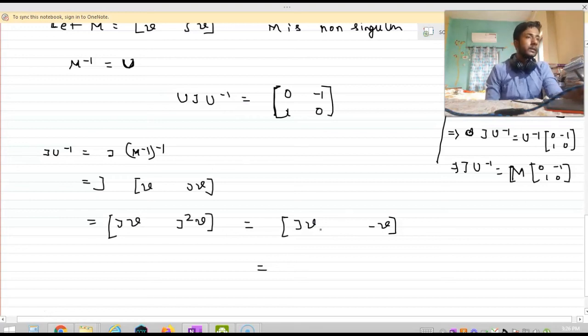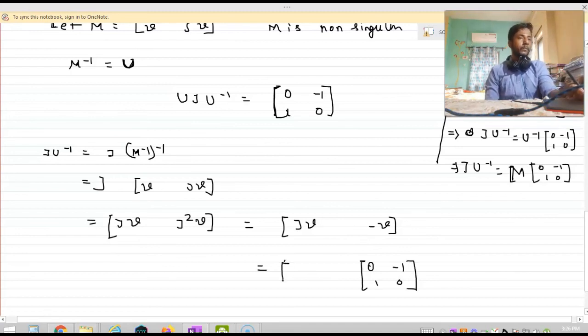Now we can write this as a multiplication of some matrix with the matrix [0, -1; 1, 0]. You can see the first column vector of this matrix is JV, so if we multiply this row with this column, we will get JV.